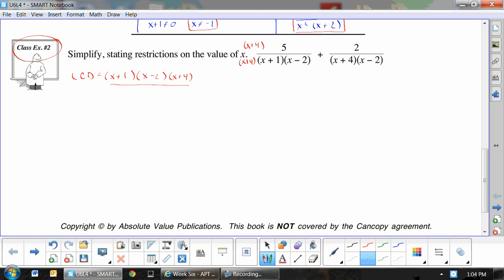For the second term, we don't have an x plus 1, so I have to do that, but we do have an x minus 2 and an x plus 4. So we're going to get 5 times x plus 4 plus 2 times x plus 1 all over our lowest common denominator.